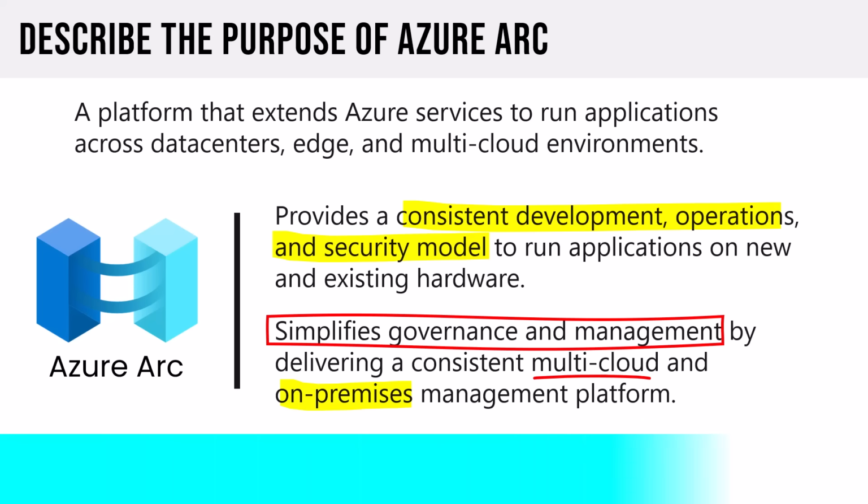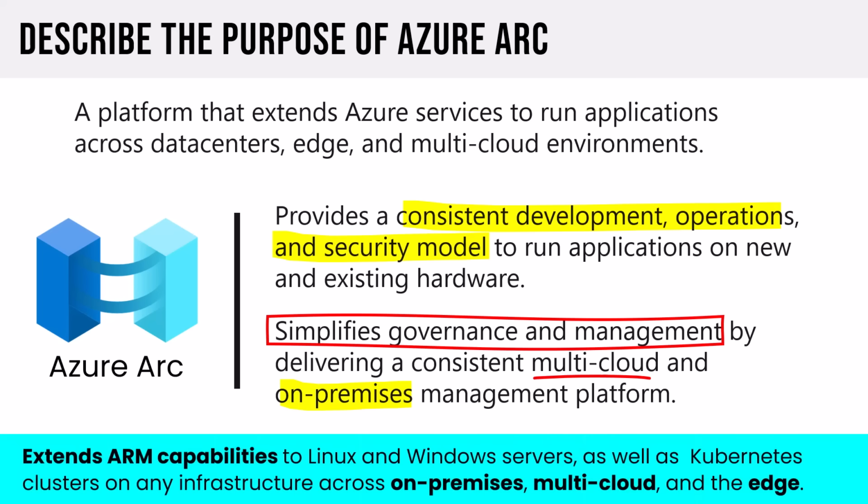To say it another way, Arc extends ARM capabilities to Linux and Windows servers as well as Kubernetes clusters on any infrastructure across on-premises, multi-cloud, and the edge. And when I say extends ARM capabilities, we talked about Azure Resource Manager, ARM, being that management service that facilitates deployment, and the ARM template as an artifact we can use to automate deployment in a declarative and idempotent way.